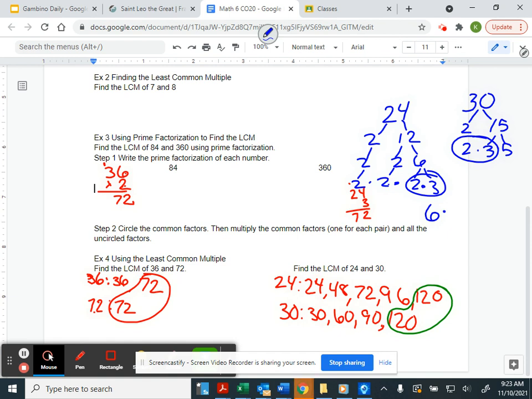Multiply our uncircled numbers. So 6 times 2 is 12. 12 times 2 is 24. 24 times 5 gives us our 120. Either way, you get the same answer. The least common multiple. There's only one least common multiple.